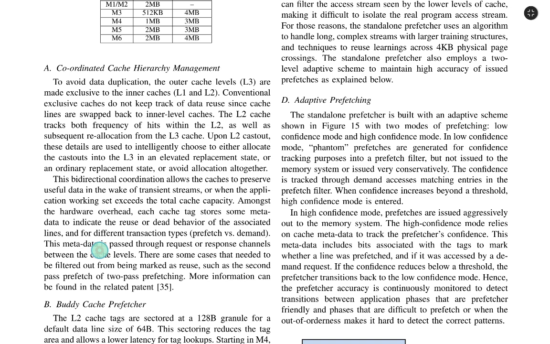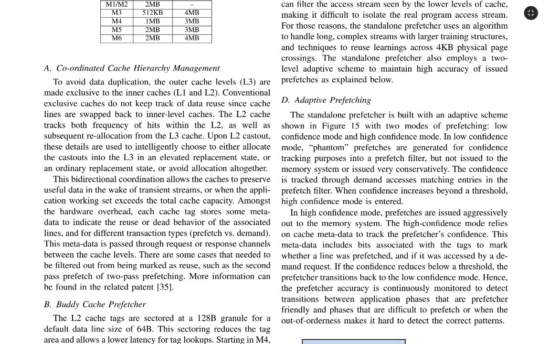The metadata is passed through the request or responder channels between the cache levels. There are some cases that need to be filtered out from being marked as usefully used, such as the second pass prefetch or two pass prefetching. More information can be found in the related patent.